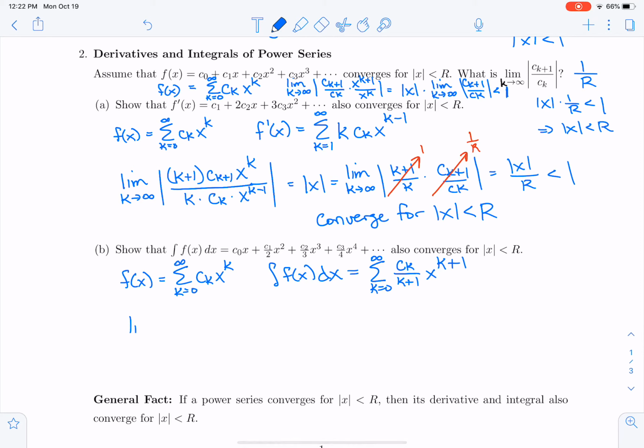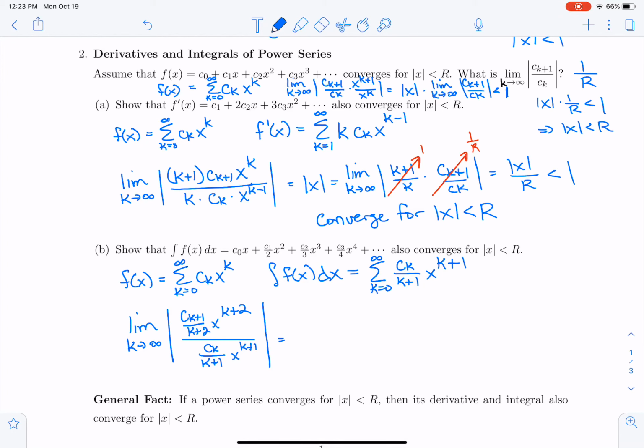Well, we would use the ratio test again. The limit as k goes to infinity of c sub k plus 1 over k plus 2, times x to the k plus 2, and then we divide that by c sub k over k plus 1 times x to the k plus 1.